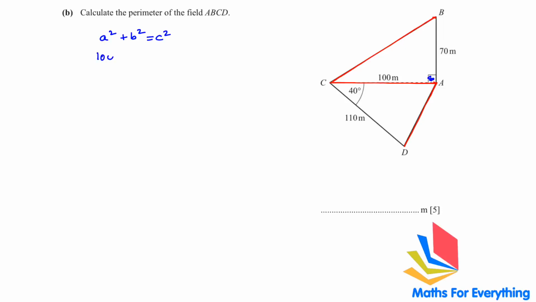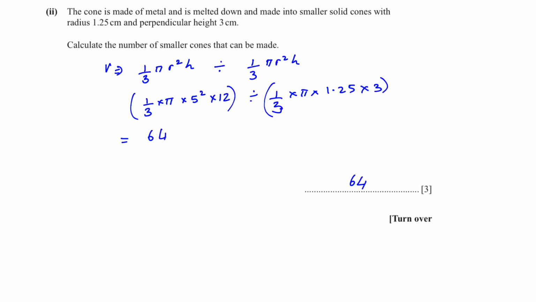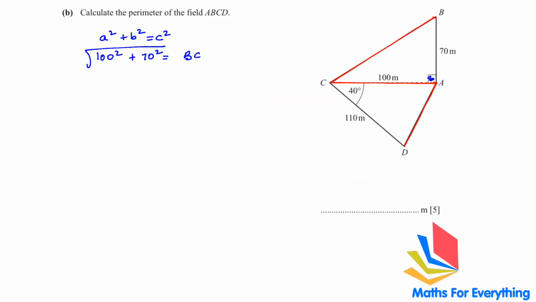So 100 square plus 70 square will give us BC square, but instead of writing the square, we'll write square root. We will get 122.065. We can round it to one decimal, 122.1. So this is what we have found.